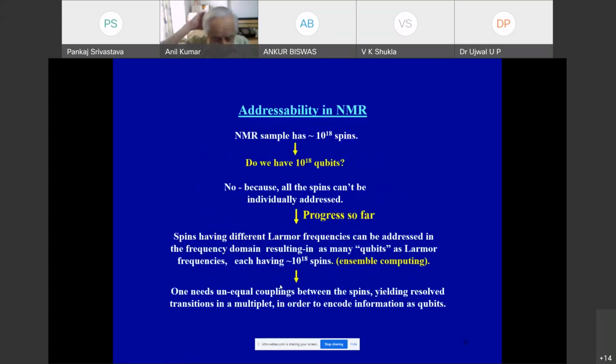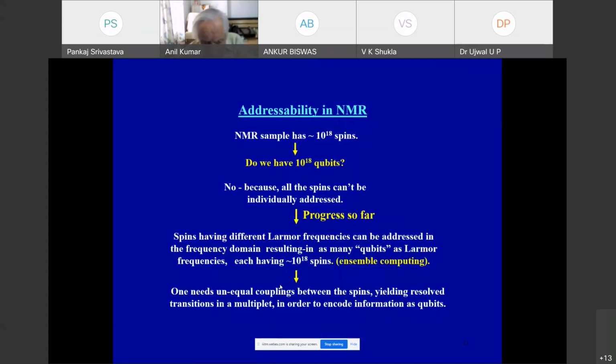There is a problem though. An NMR sample has about 10^18 spins. Do we have 10^18 qubits? Unfortunately, no, because all the spins cannot be individually addressed. So far, the progress that we have been able to make is to address spins which have different Larmor frequencies.